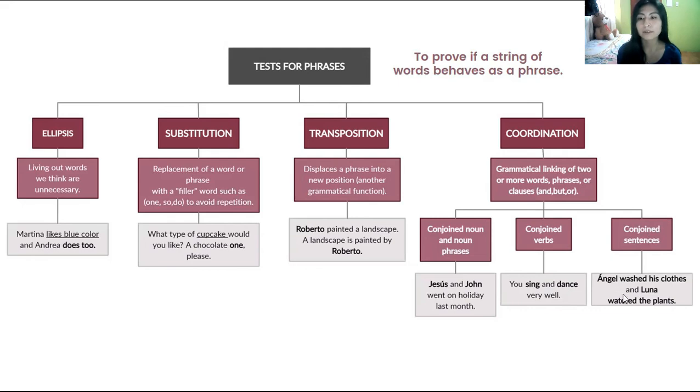In this case, the linking word is linking two separate sentences. For example, Angel washed his clothes and Luna watered the plants. As you can see, if we separate these two sentences, they have meaning on their own.